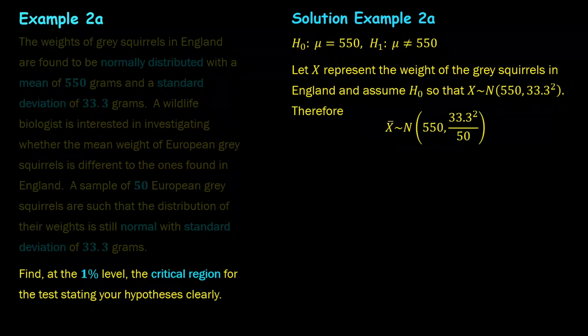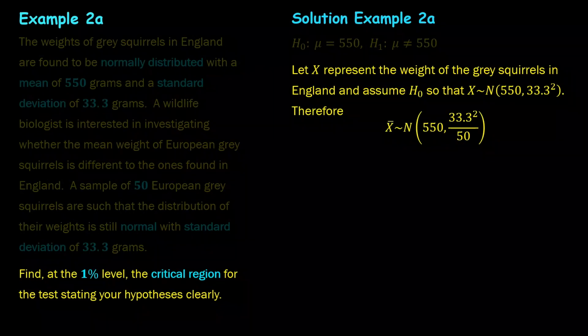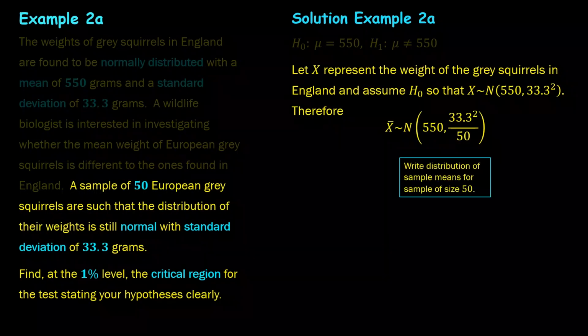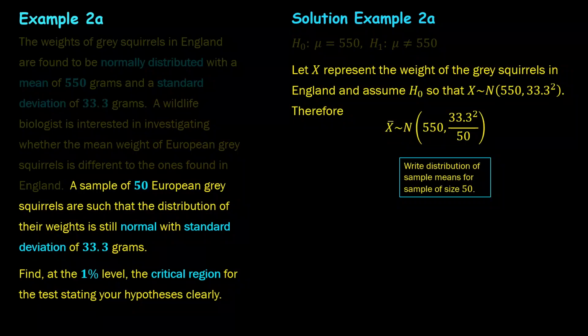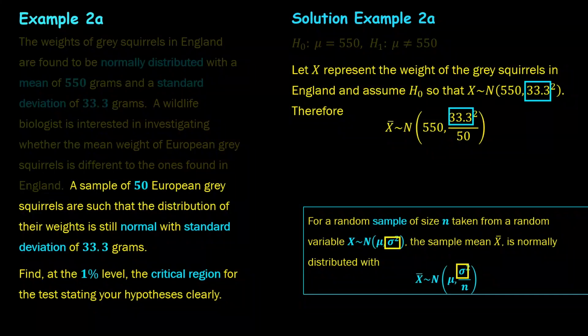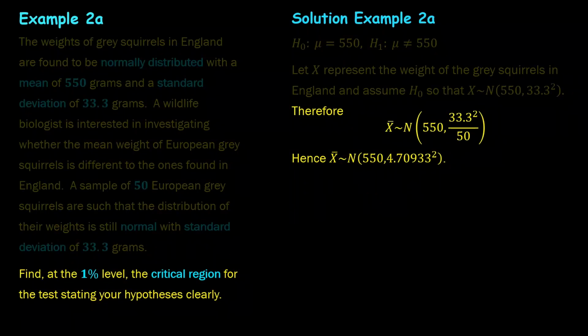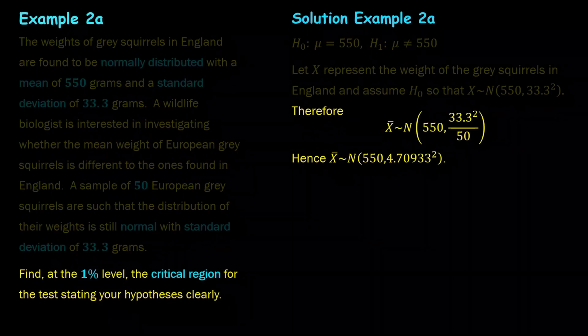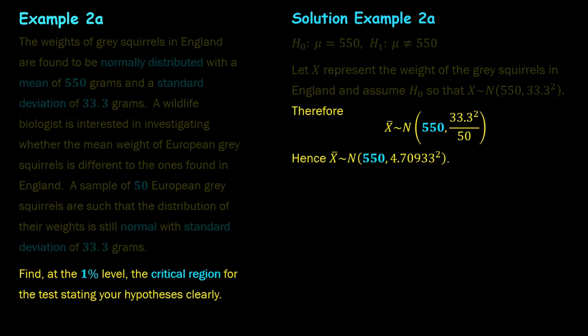And therefore we have that X bar is distributed normally with mean 550 and variance 33.3 squared divided by 50. And therefore X bar is distributed normally with mean 550 and variance 4.70933 squared.